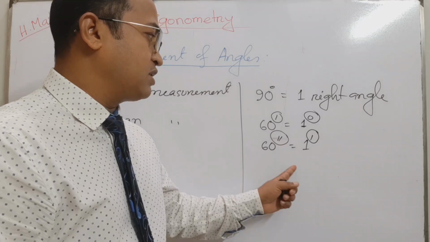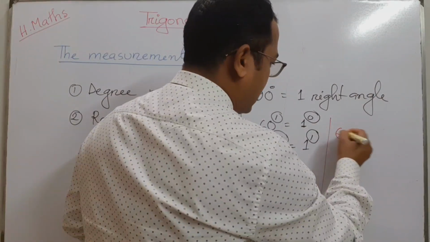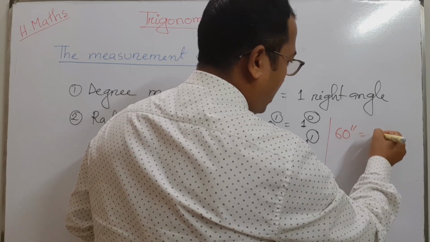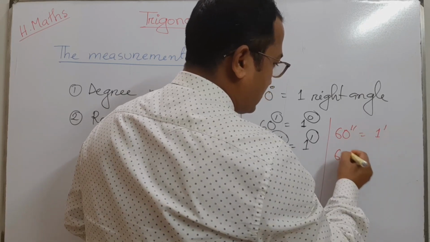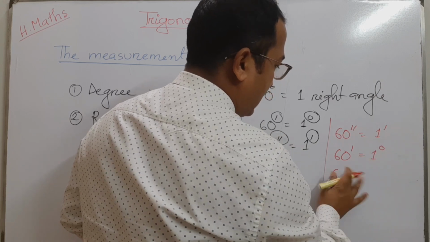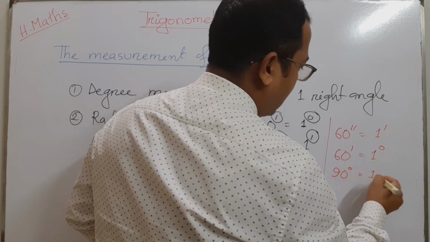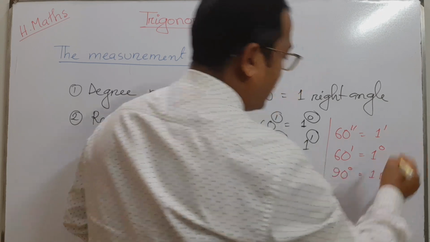What do we know? 60 seconds equals 1 minute, 60 minutes equals 1 degree, and 90 degrees is equal to 1 right angle. That is the unit of degree measurement.